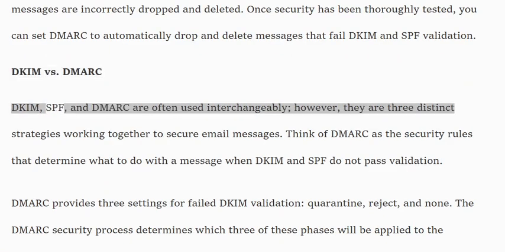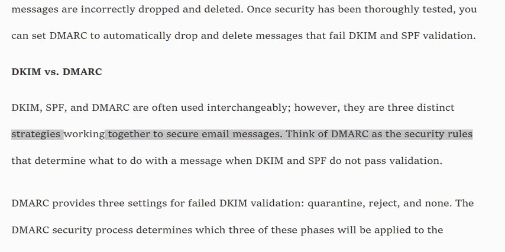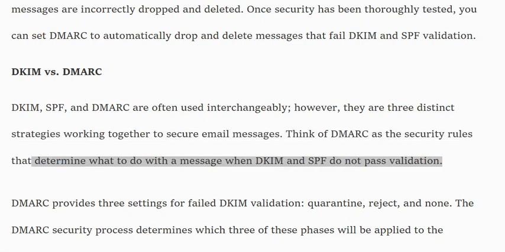DKIM versus DMARC. DKIM, SPF, and DMARC are often used interchangeably. However, they are three distinct strategies working together to secure email messages. Think of DMARC as the security rules that determine what to do with a message when DKIM and SPF do not pass validation.